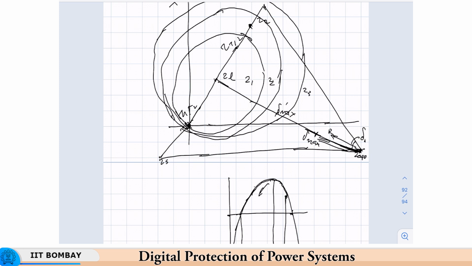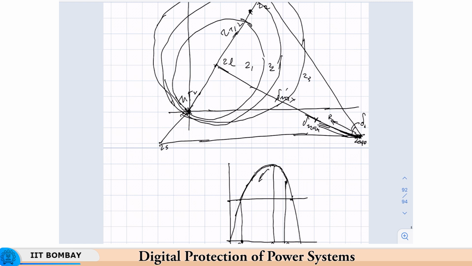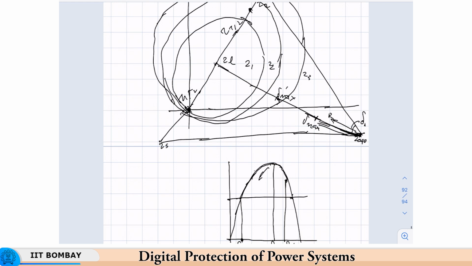Now, if it comes into zone 3 and stays inside of zone 3 for a long enough time, then the relay does not know that it is a swing. Not yet, we will see what can be done about that a bit later, but the relay does not know it is a swing, it just sees an impedance which is inside its zone of operation, and if it stays long enough, usually if it is a stable swing it will move away, but if it stays inside for long enough, then the relay will issue a trip command.